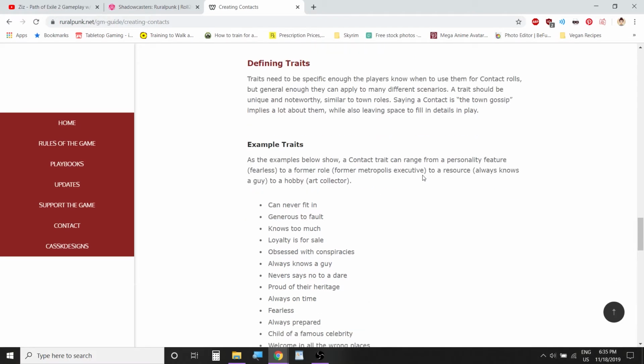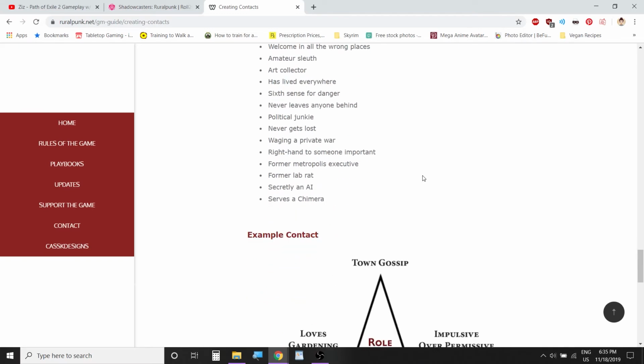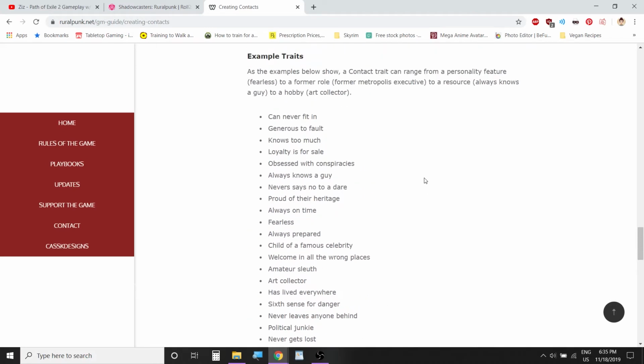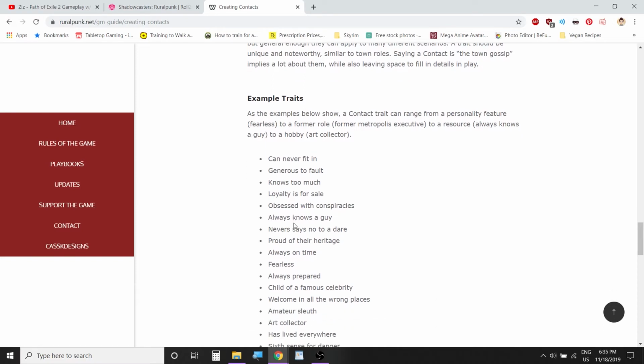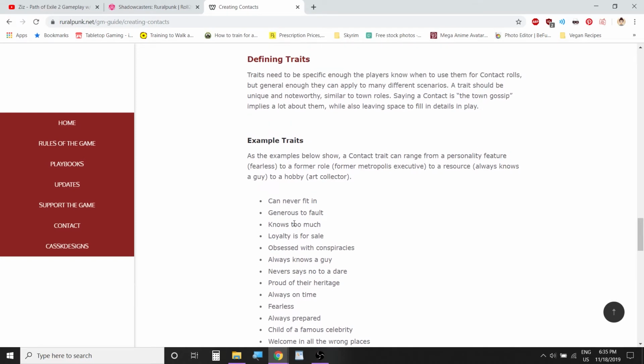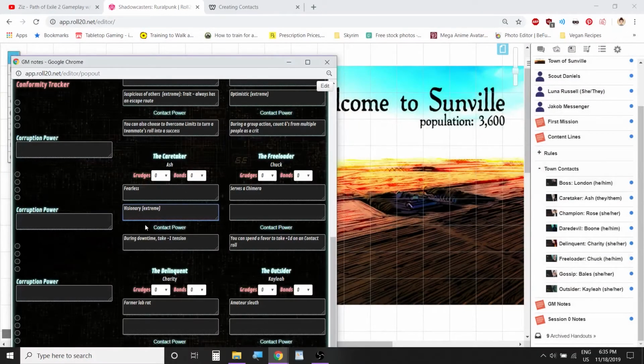So let's see if any of these inspire. She's a fearless visionary who, I mean, child of a celebrity would be kind of interesting. And we're going to leave that one open. I still want to have some space to determine what that's going to be.